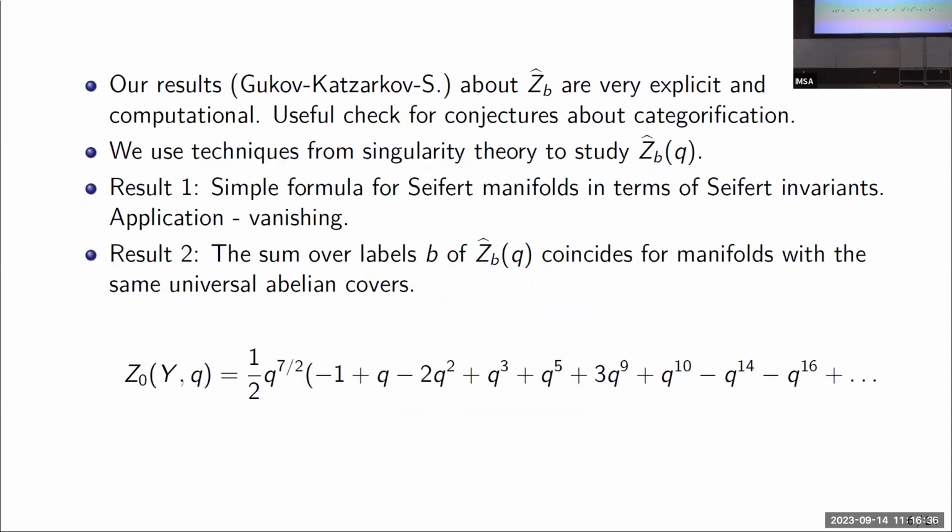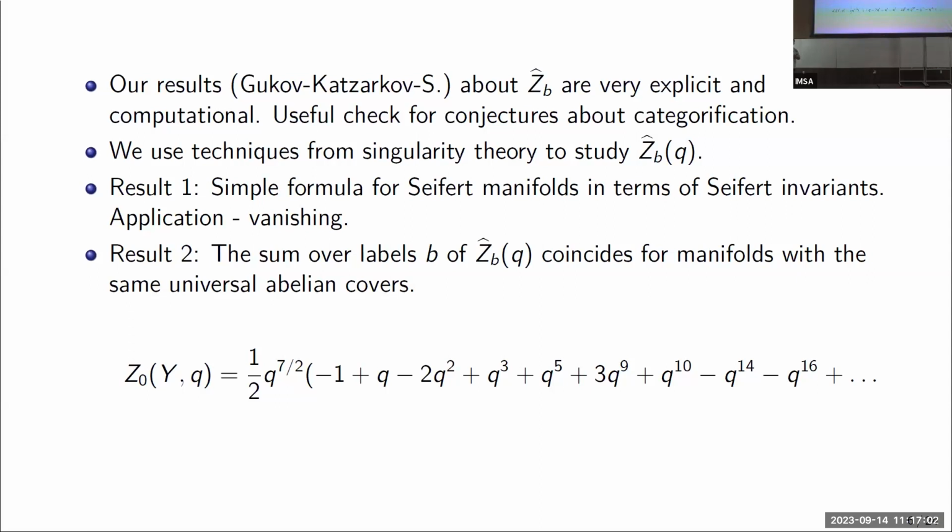Yeah. So now I want to get to our results. So we have a paper preprint with Sergei Gukov and Ludmila Katzarkov. And we don't aim to categorify or extend to general three manifolds. We rather look at the series and try to see some properties, and we are motivated by singularity theory.